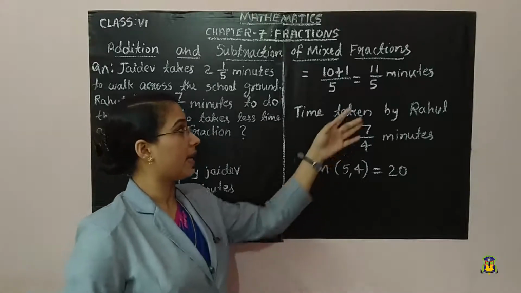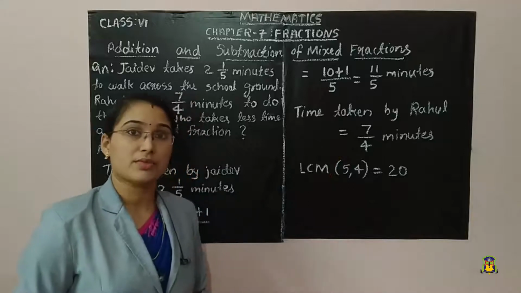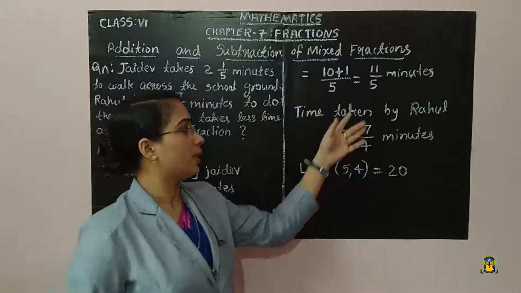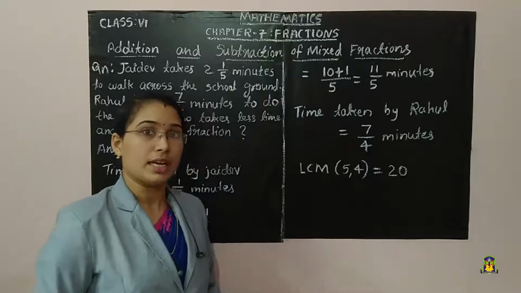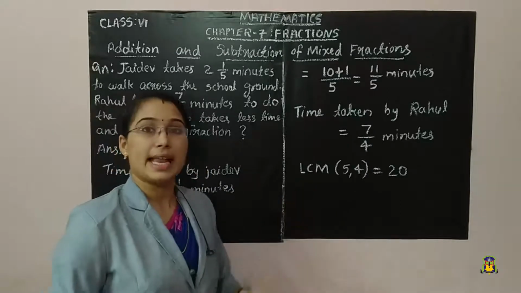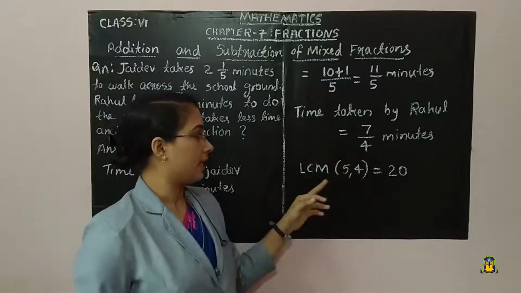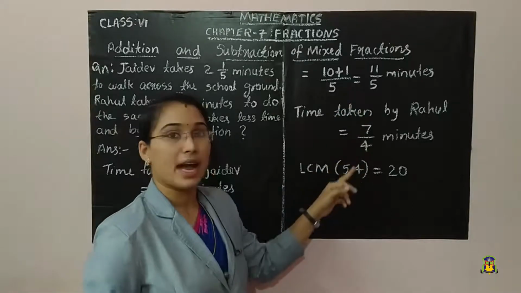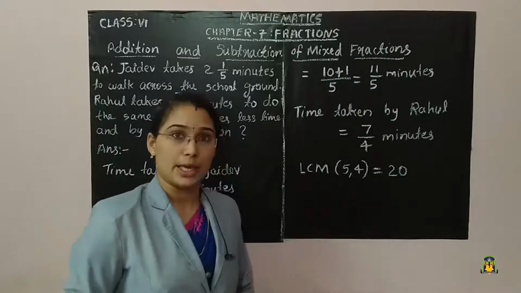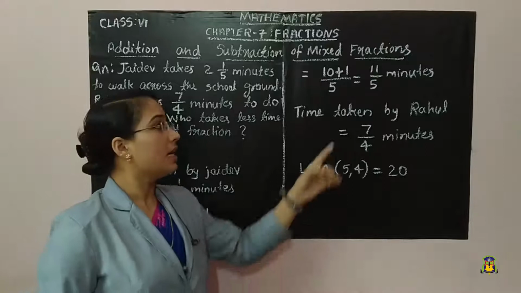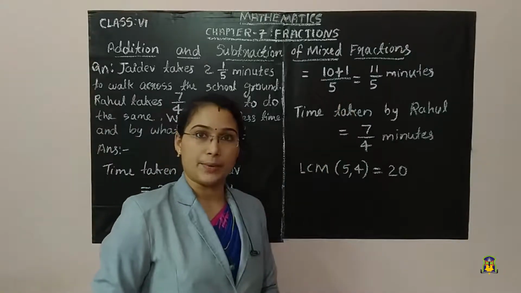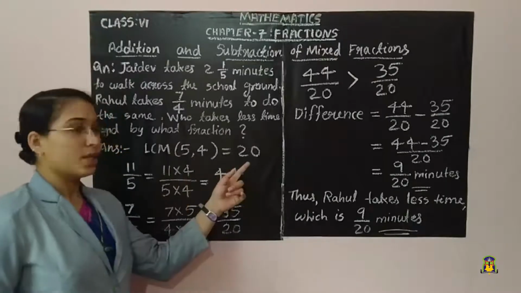Okay. So for making unlike fractions to like fractions, what we want to do? We want to make the denominator same. For that, first we can find out the LCM of the denominators. Here the LCM of 5 and 4 is 20. Next we want to make the denominators 20. Okay. So the LCM is 20.